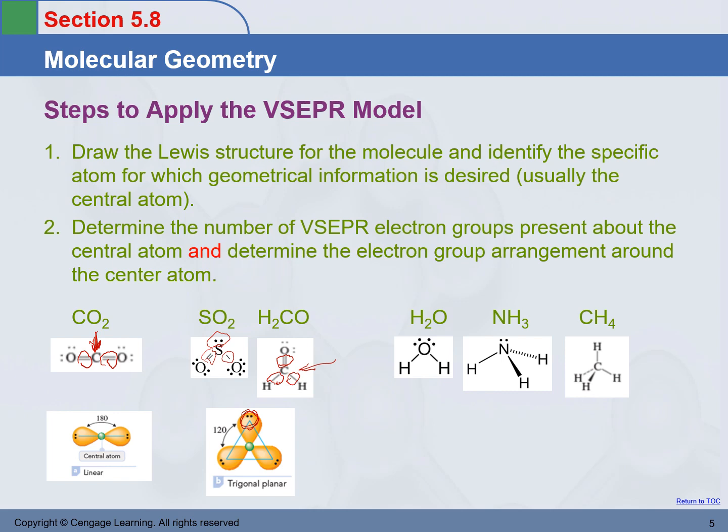Now, if you look at the next 3, water, 1, 2, 3, 4, 4 groups. Nitrogen, 1, 2, 3, 4, 4 groups. Methane, 1, 2, 3, 4 groups. Their electron arrangement geometry will be tetrahedral.